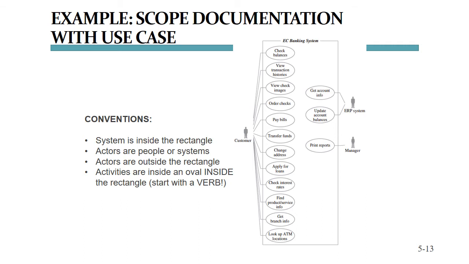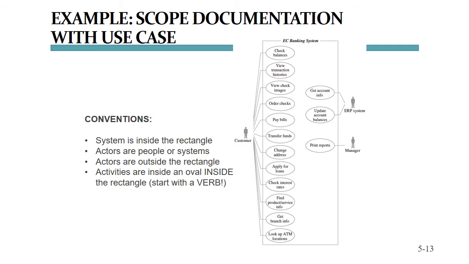The activities that our actors perform on the system are shown as ovals, or are shown inside of ovals inside of our rectangle. They are always connected with the actor who performs these actions. Here, for example, our customer wants to view check images, change the address, get branch information, and so on.